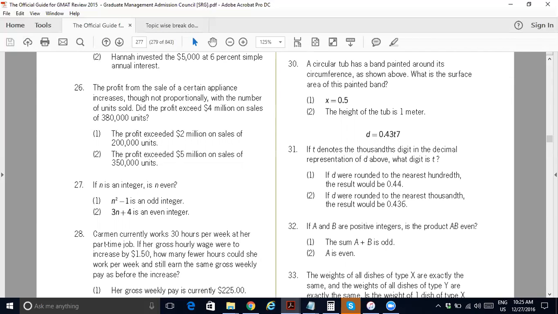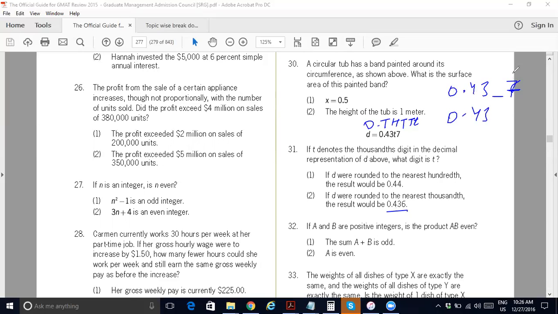So does that mean, suppose the value of D was 0.435, with tenths, hundredths, thousandths and ten-thousandths, these 4 digits are given. If we have to convert it till thousandths, we need just 3 digits after the decimal. Now we are given the answer as well, 0.436, and 0.43 dash and 7 is given.